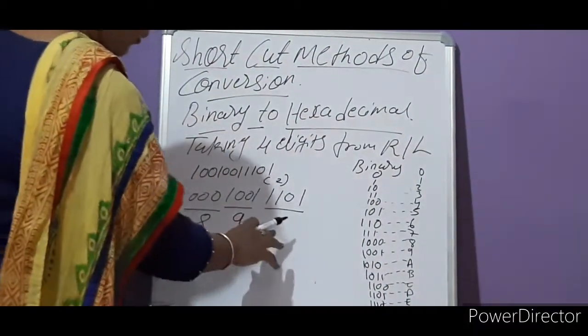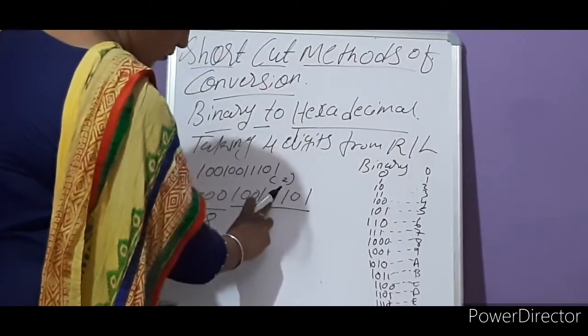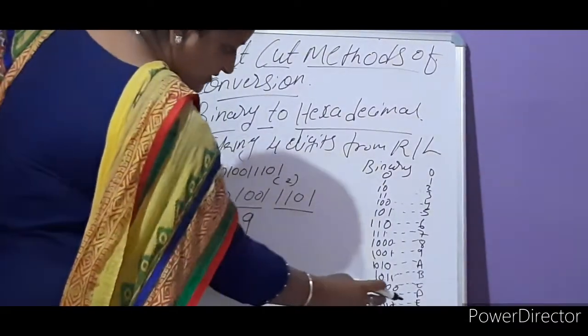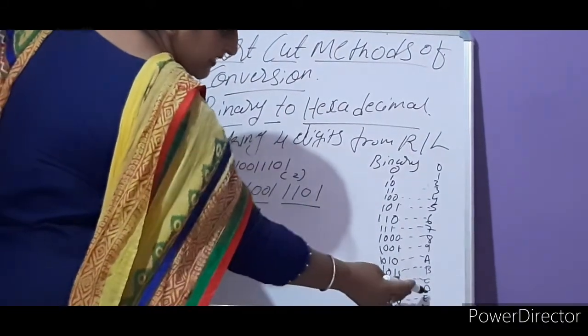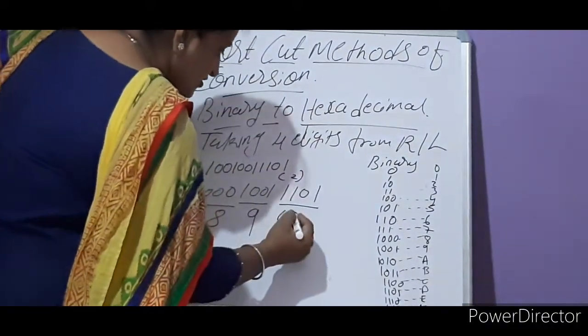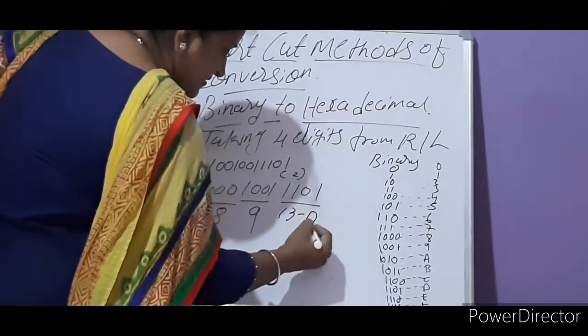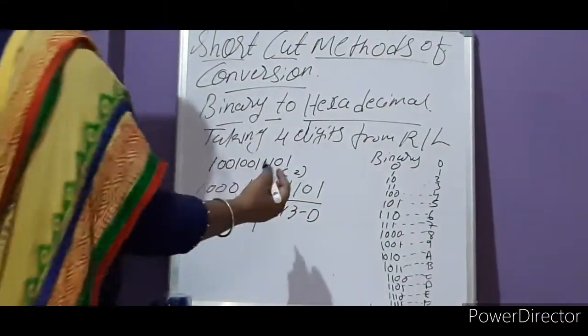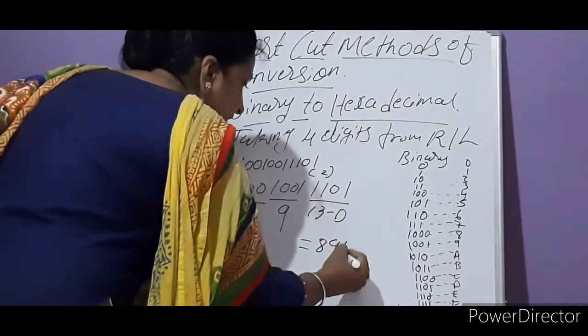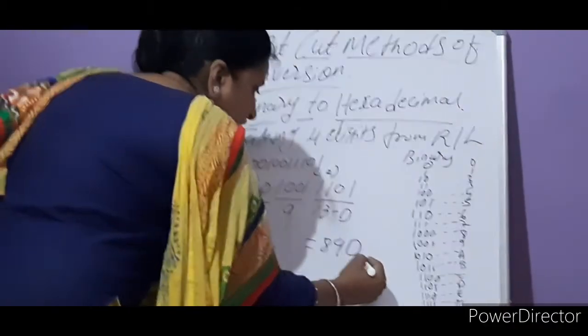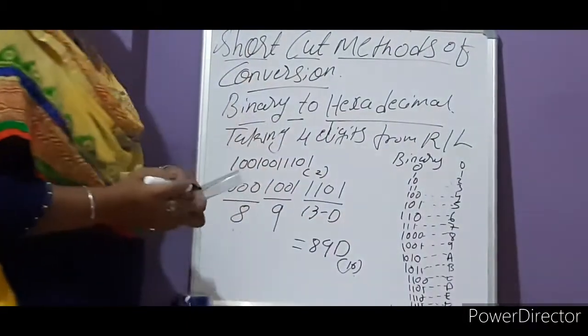Next 1 1 0 1 becomes 13, and 13 means D. You can see here 1 1 0 1 is D. So we have to keep D here. In this way we have to convert, and the answer will be 8, 9 and D, because we have converted to hexadecimal.